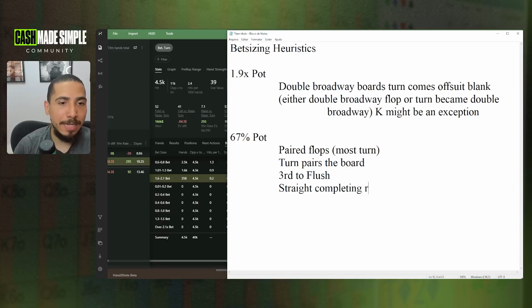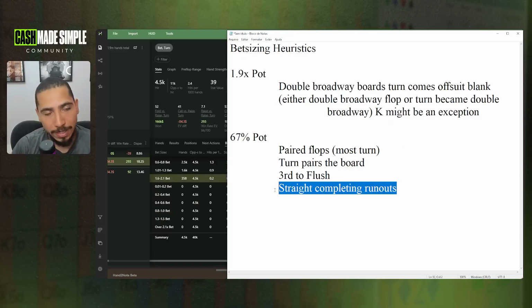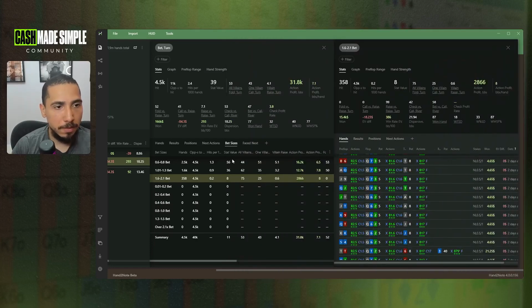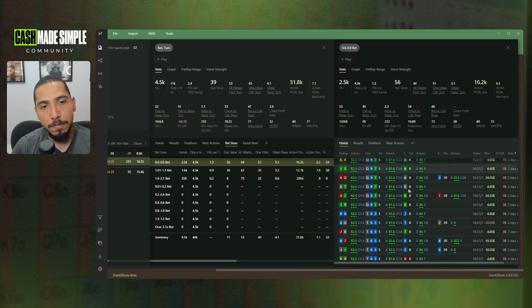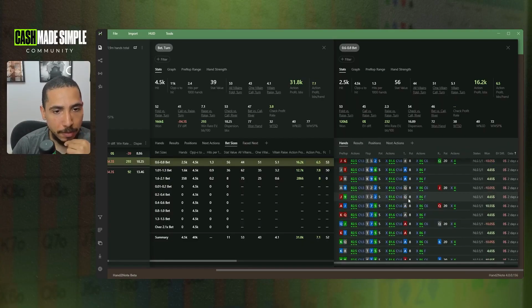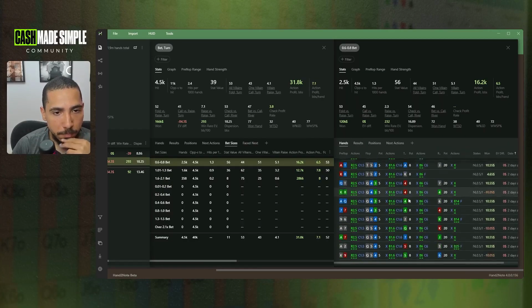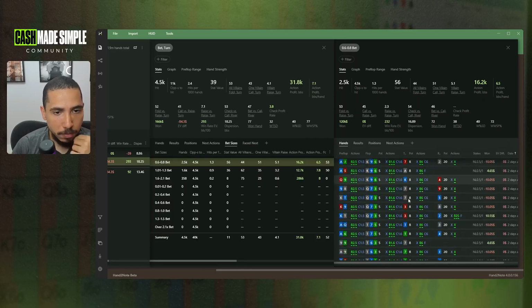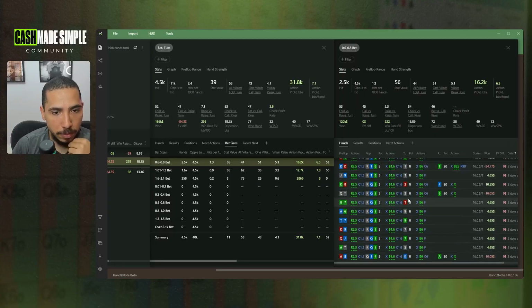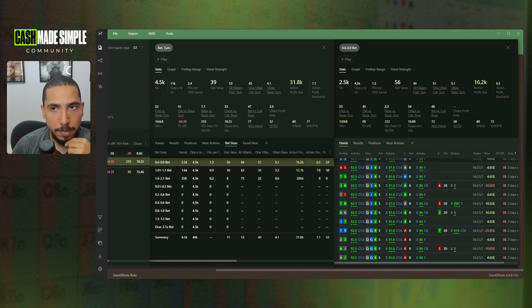Straight completing runouts. Those are really significant. Straight completing runouts, we can't size up. We have to use the 2/3. So straight completing runouts, third to flush, turn pairs the board, paired flops. That's the bulk of the runouts where we use this bet sizing, right? We don't see it on many other runouts like this. So that's basically it.